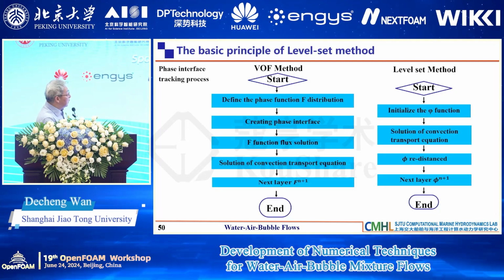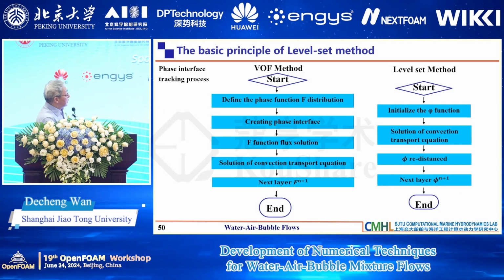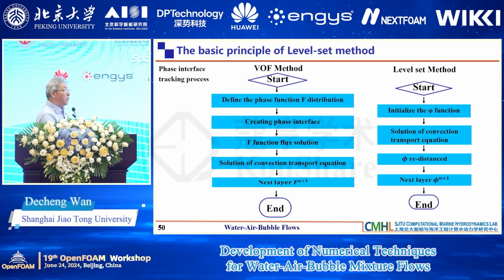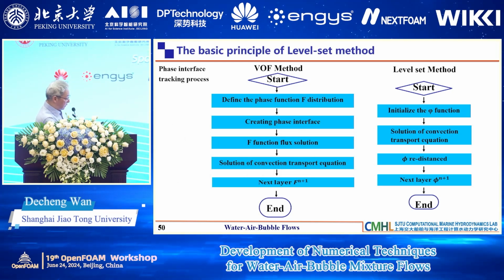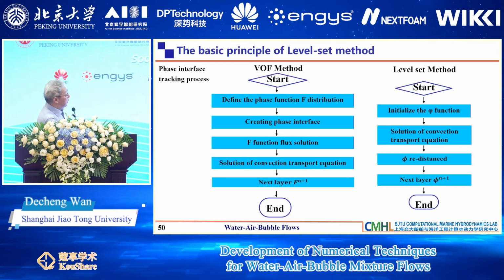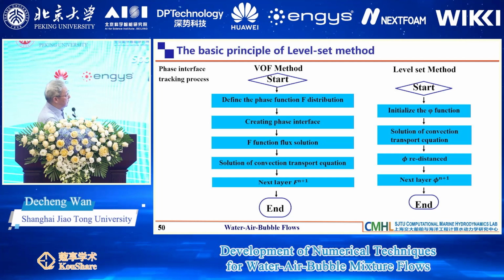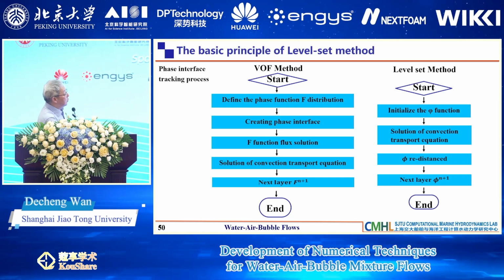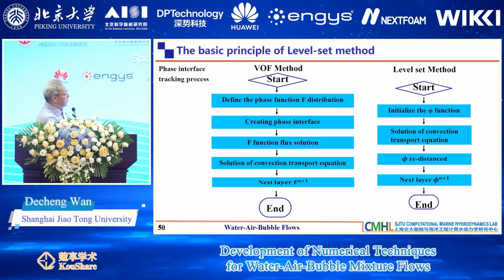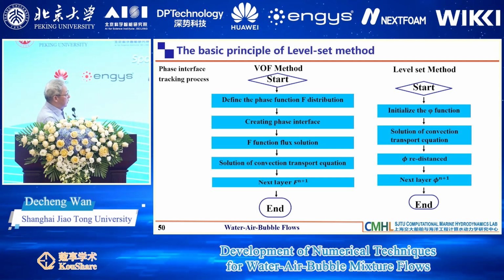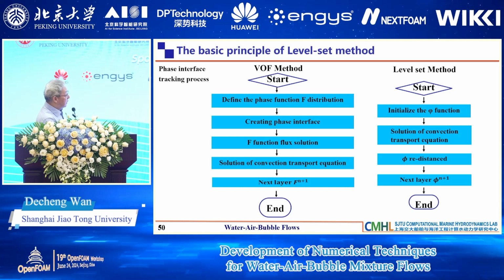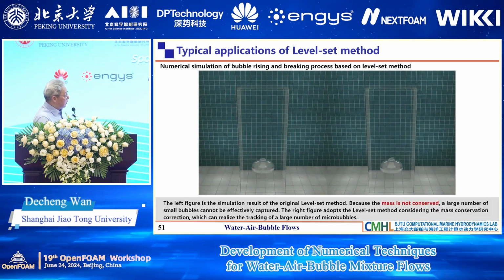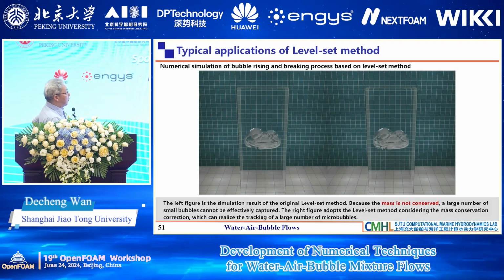So you should always do the reinitialization. So these are the two approaches, VOF and level set. You can see what the difference is, right? One solves the fraction function, and this one solves the distance function. Yeah. So here I show you one example, the bubble rising.